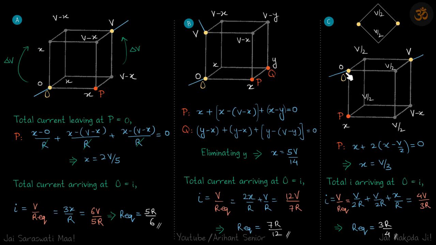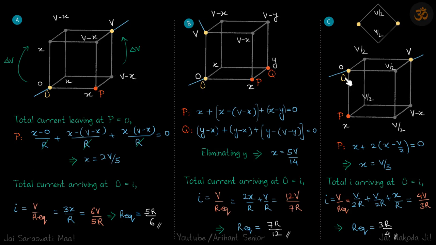Here potential is 0, here it is V, so we are left with 2 more points. Here we will assume X, so this becomes V minus X. Why? Again, the current which is leaving between O to P is the same as the current arriving from this branch.